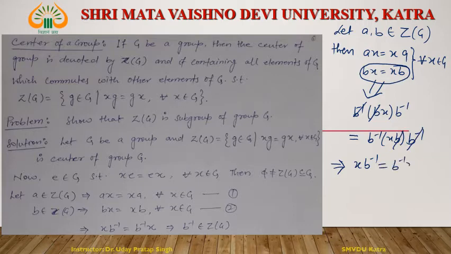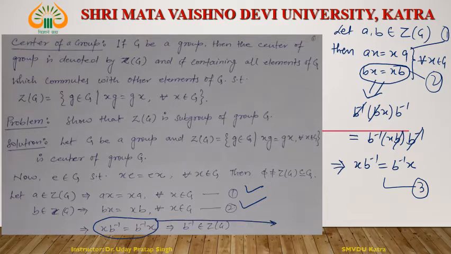This is b inverse x. This is equation number 3, and the earlier ones are equation number 1 and equation number 2. And this shows that b inverse belongs to Z(G), right?